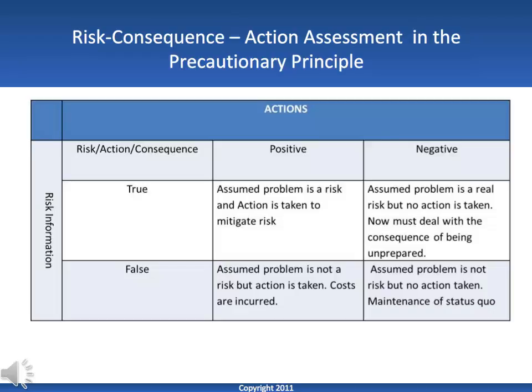Looking at this another way is maybe the false negative, the quadrant down on the lower right of the slide. The false negative is just as clear. Here the hurricane is tracking away from New Orleans. The risk information is it's not going to hit New Orleans, and it is not deemed a risk. Therefore, the evacuation is not ordered or no action is taken.